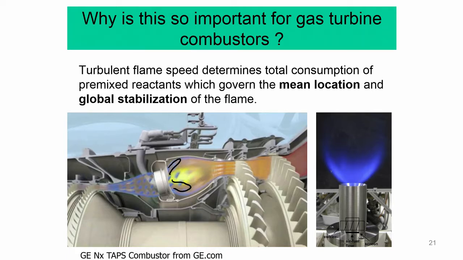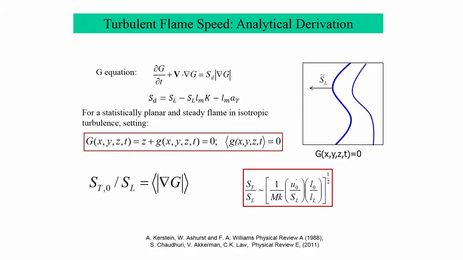Similarly, if you have to stabilize this lean premix flame in this low swirl burner, one needs to know the turbulent flame speed, because this flame is being stabilized because the average velocity is equal to the turbulent flame speed of this flame.